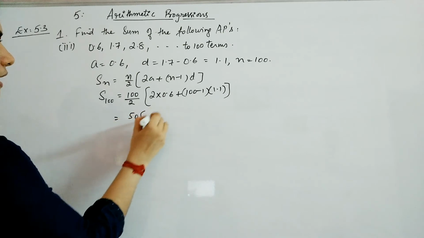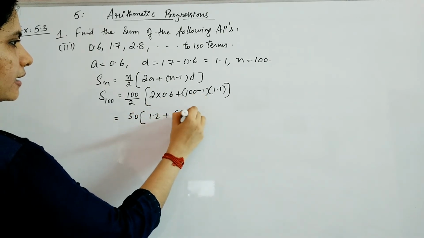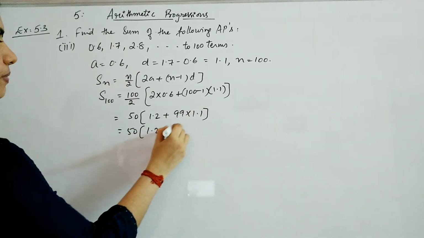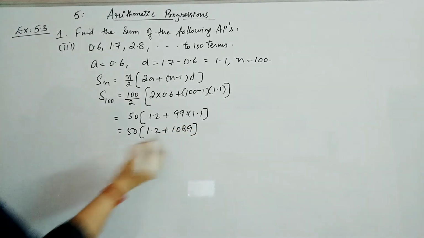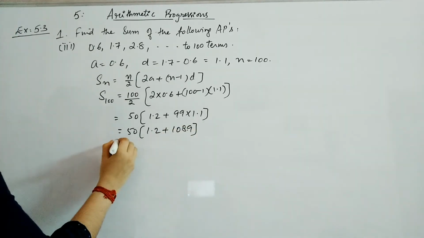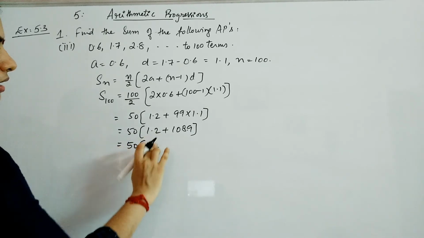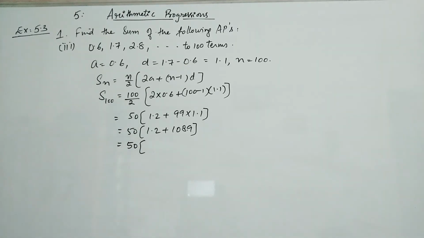So here you will have 50 into 1.2 plus 99 into 1.1, which is 50 into 1.2 plus 1089. Okay, the point will be from the right hand side one place. Now 50 into 1.2 plus 108.9 will give you 110.1.